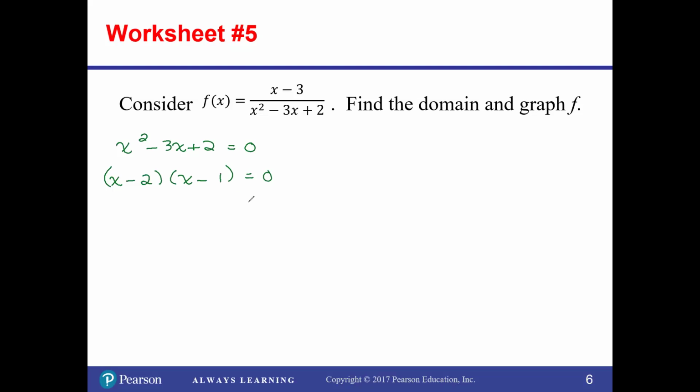Well, -2 and -1. If we multiply them, +2; if we add them, -3. So that means my zeros for the bottom happen to be 1 and 2. So when I'm considering my domain, the two numbers I need to remove from my domain have to be 1 and 2, because they're the two that make the denominator 0.